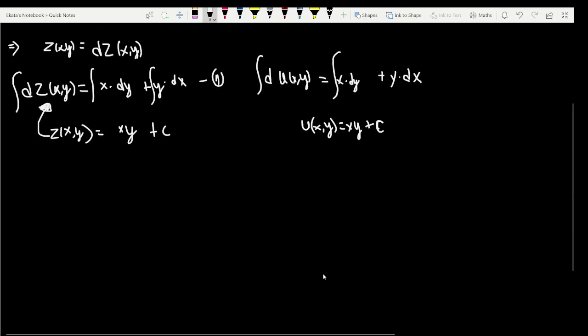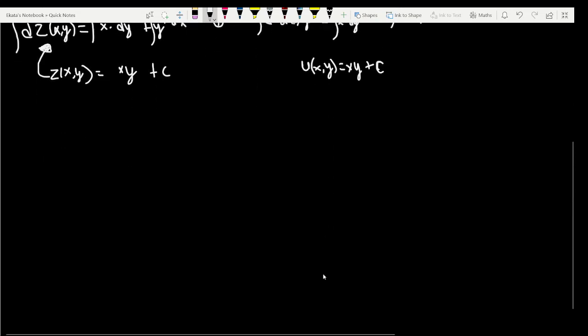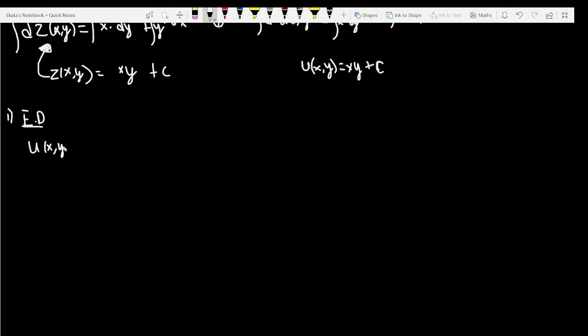So now I may define that if a differential is an exact differential, so ED I am writing, exact differential. Okay, so maybe there is a function u(x,y), maybe there is a differential du(x,y) equals x dy plus y into dx.